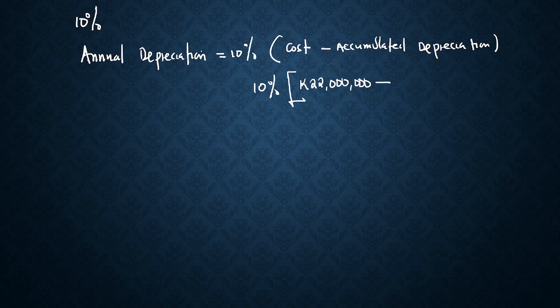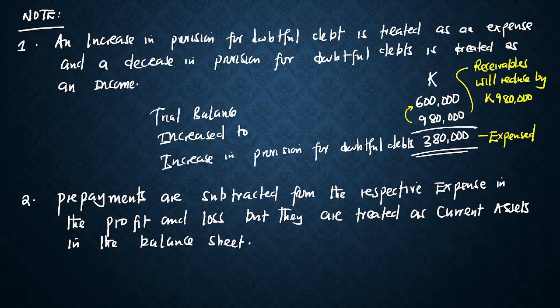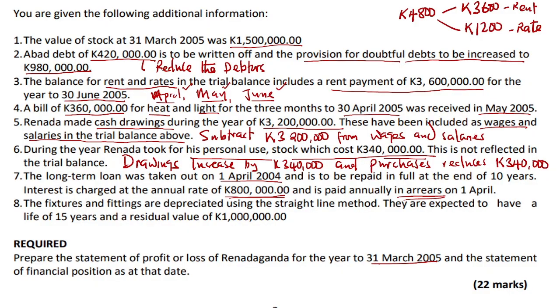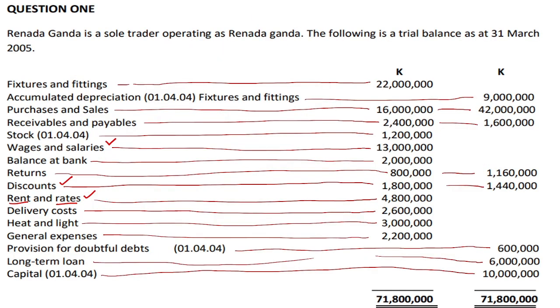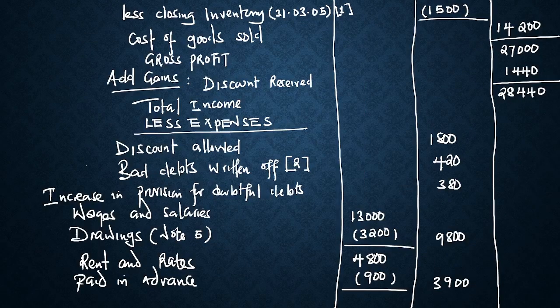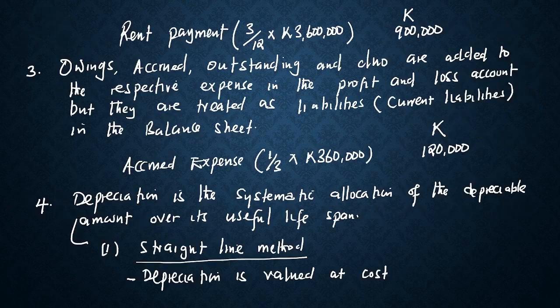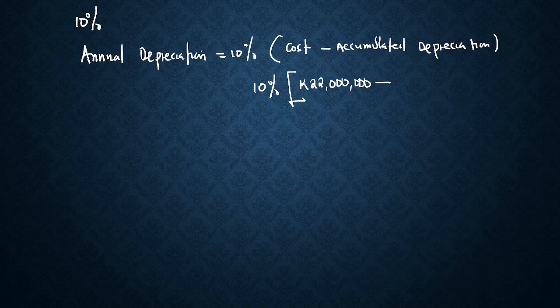It's 1 million. No, we have 9 million. 9 million, yes.